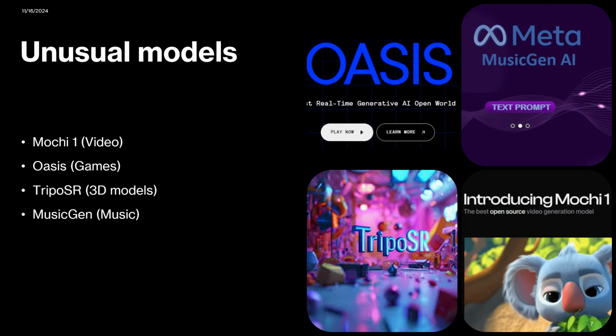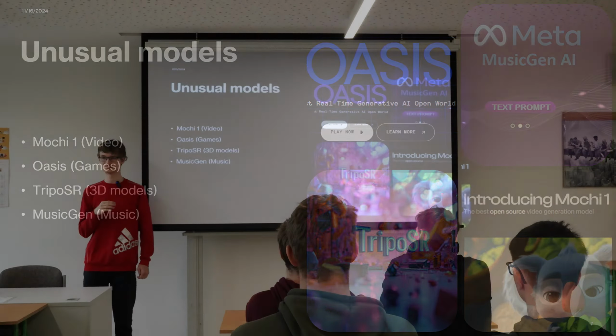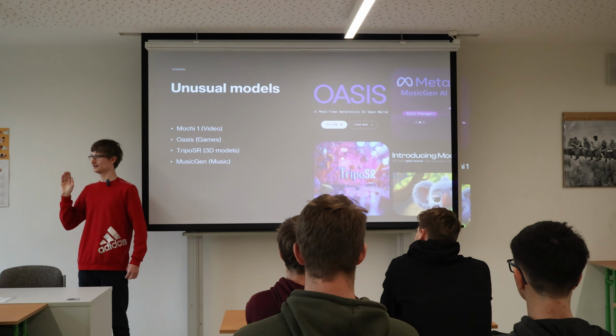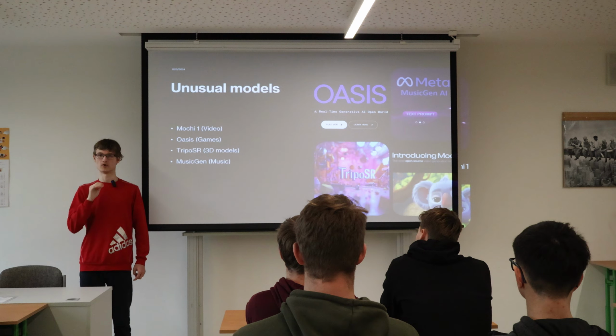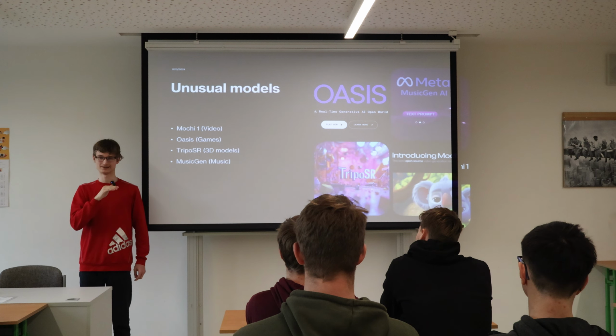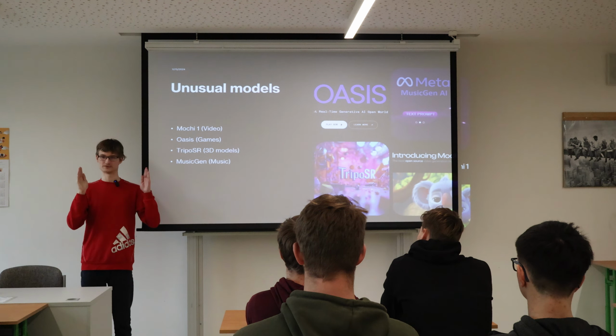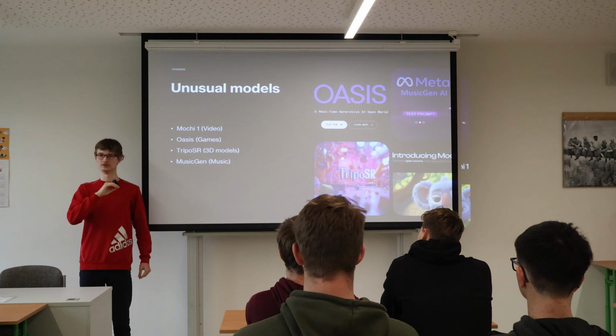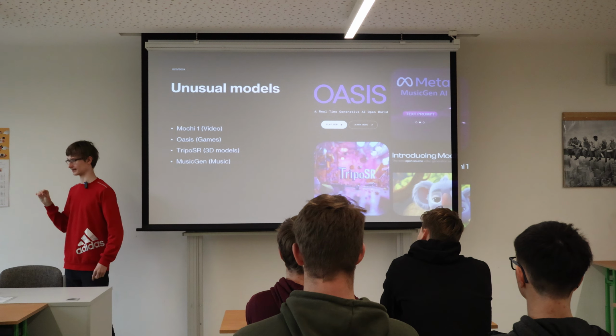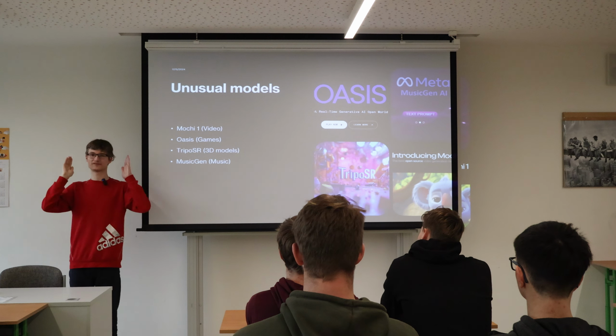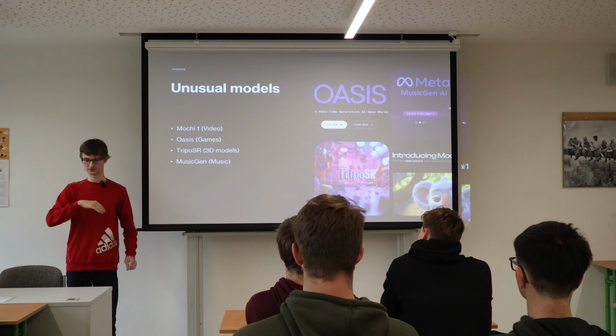Then we have Oasis, which is also open source and allows to generate different games, only based on data. It doesn't make the code for the games. It's only creating connections in the neural network and displays what it thinks it should happen when you put in an input.